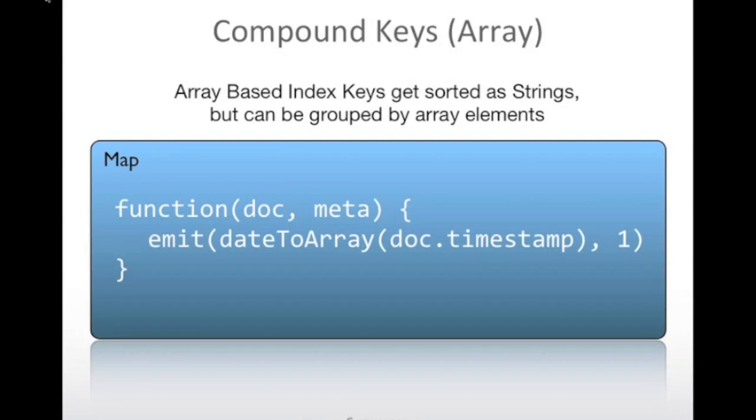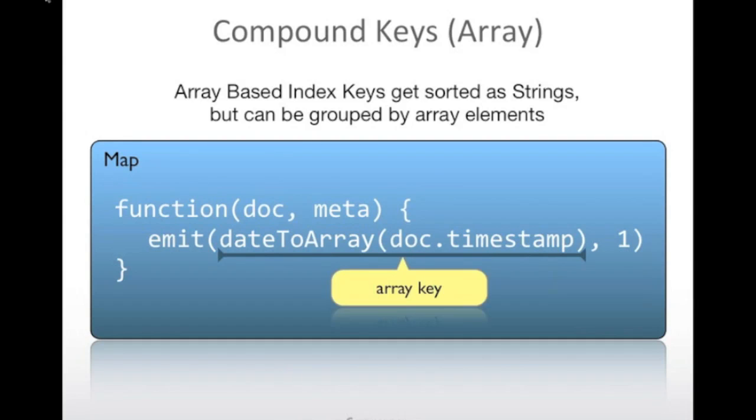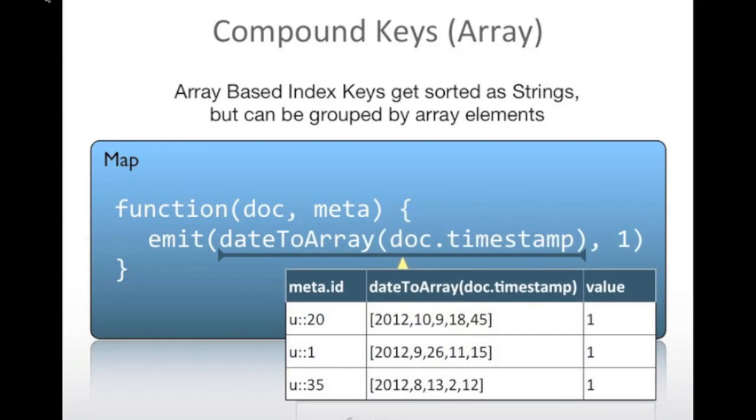And here's what's called a compound key, and this is a built-in function that we created. It's called date2array, and it's a very convenient function for views. What it does is it converts timestamp values into an array of values. So in this case, the date2array timestamp is decomposing the timestamp into an array of year, month, day, hour, and minute.